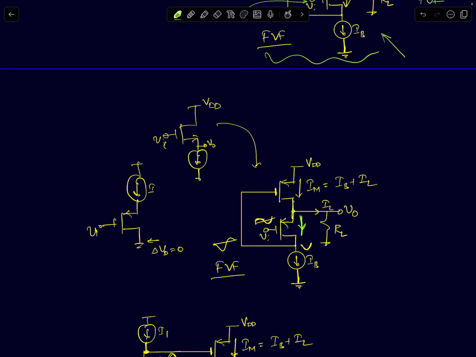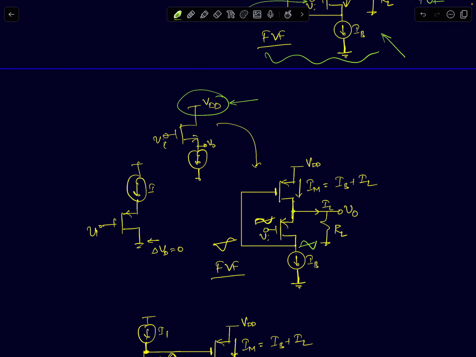But in a normal source follower, the drain node is always calm. There are no variations on the drain node voltage. Here, the drain node voltage can oscillate; it can have large variations.